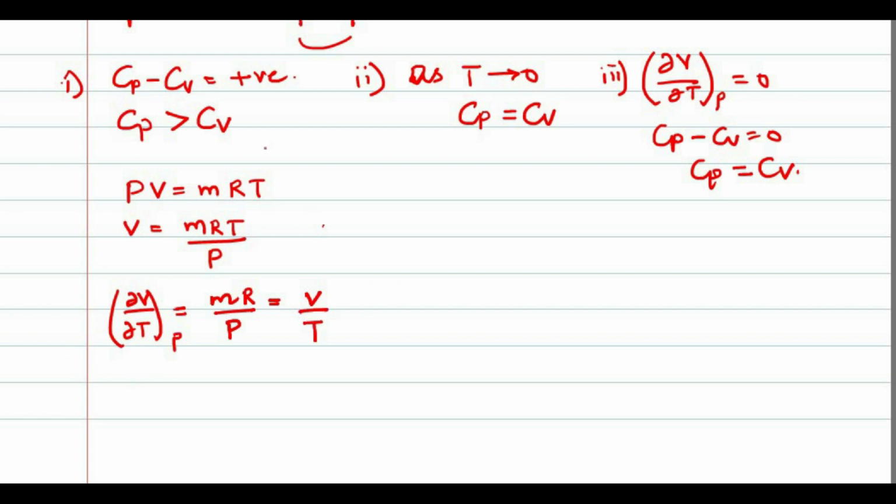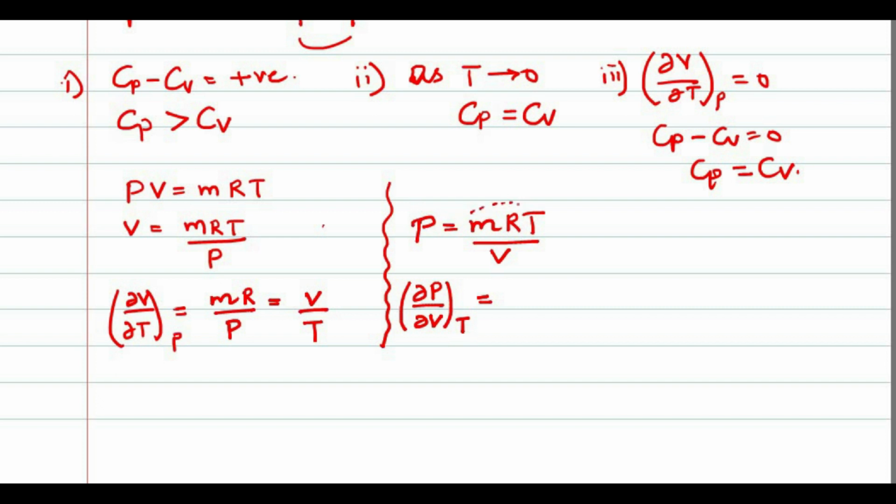Similarly, P is equal to mRT by V. If I differentiate dou P, that is P with respect to V at constant temperature, so while differentiating with respect to volume, the numerator term is a constant one.